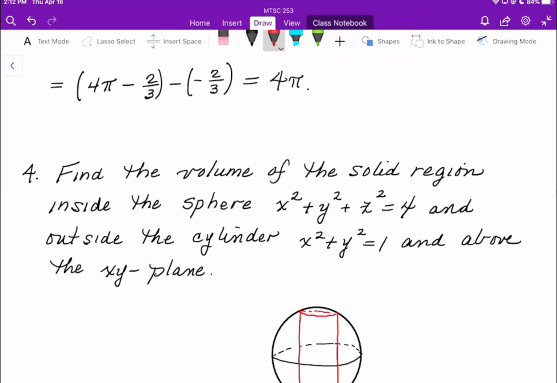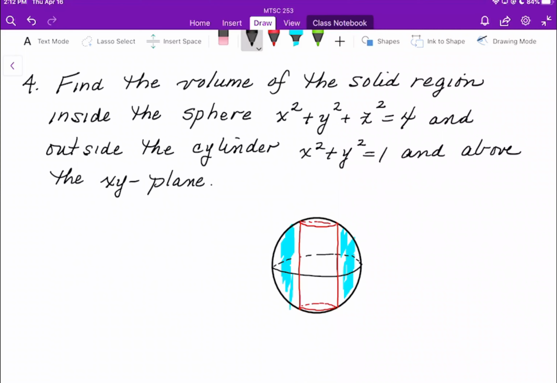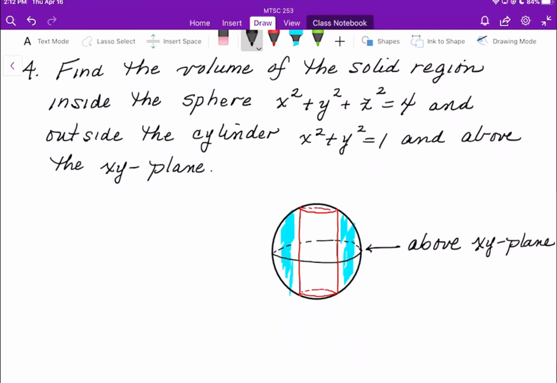So what they're asking for is the volume of the region inside the sphere and outside the cylinder. So they want the core, what's left after you core an apple. Everybody see that? Okay, now they only want the region above the xy plane. If they wanted the whole thing of the cored apple, we could just find the region above the xy plane and we could double it.